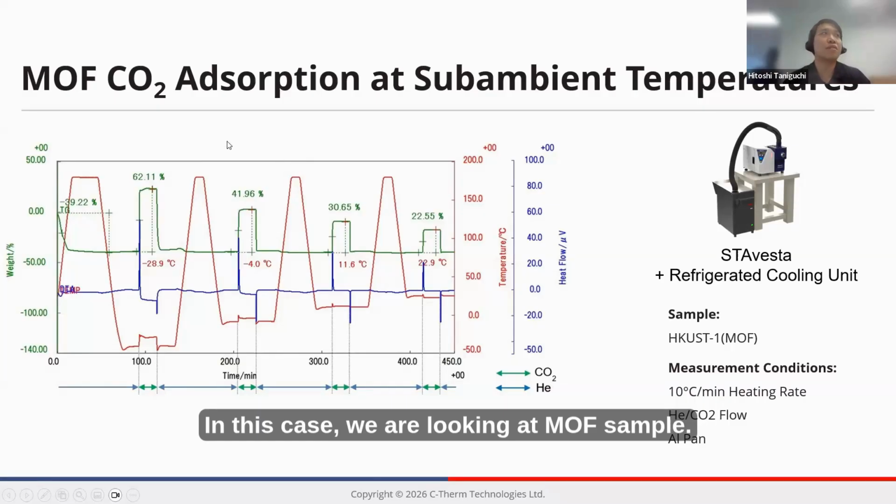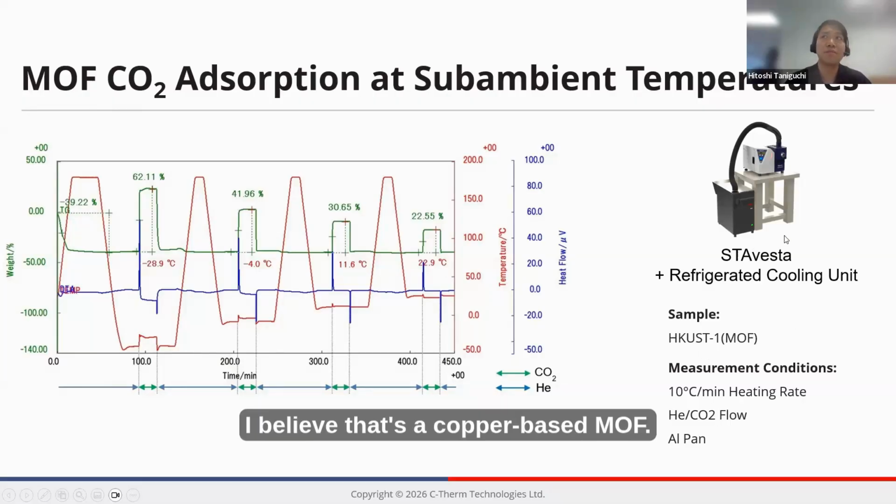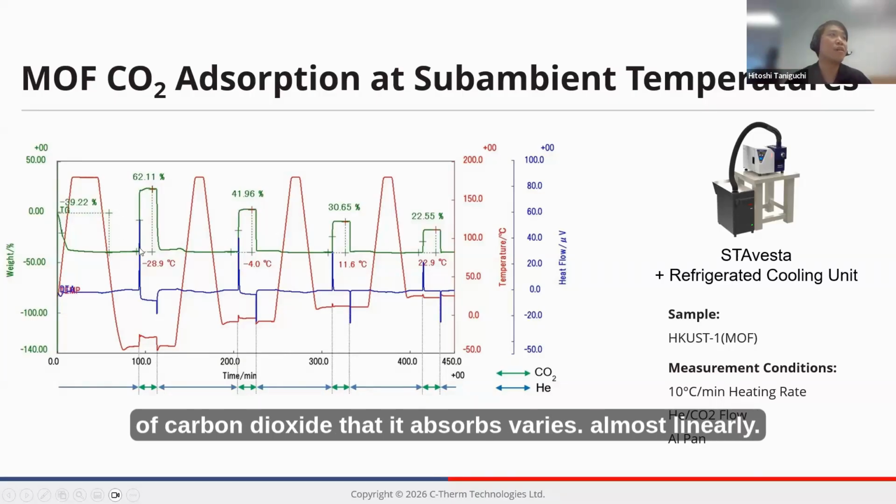In this case, we are looking at a MOF sample, that is HKUST-1. I believe that's a copper-based MOF. And as you can see, depending on where you hold the sample at, in terms of the lower end of the temperature, the amount of carbon dioxide that it absorbs varies almost linearly.